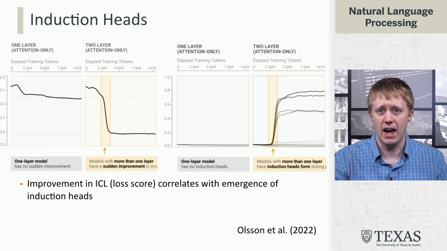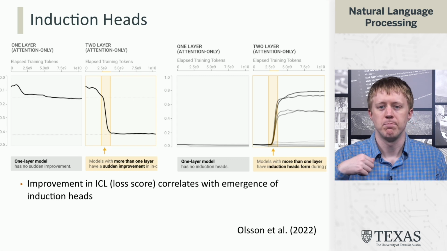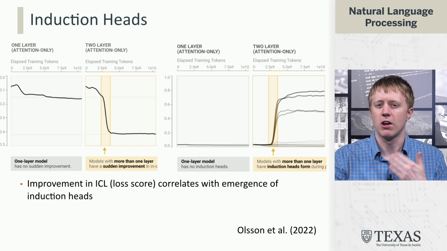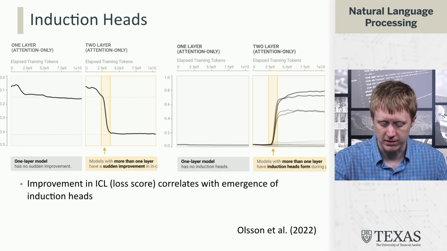Then on the right, they have various measurements of the emergence of induction heads. The claim they're making is that this improvement in the score for in-context learning correlates with when the induction heads emerge, which starts to give causal evidence that the induction heads might be causing this decrease in perplexity.